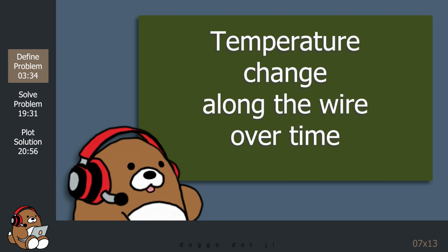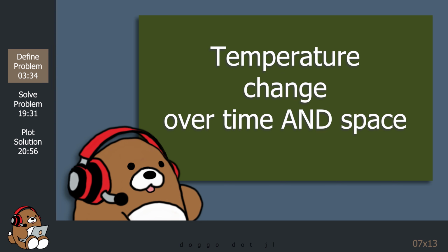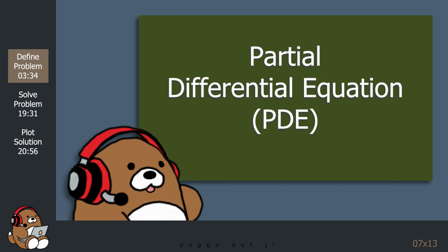So in order to solve this problem, we need to understand how temperature changes with respect to both time and space. This is not an easy problem to solve. Welcome to the world of partial differential equations.